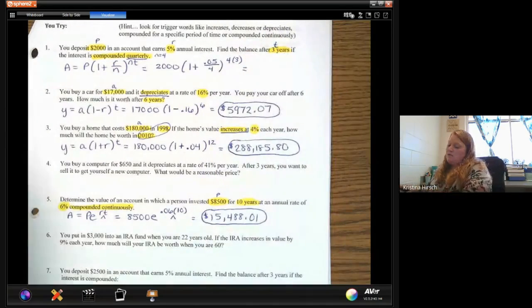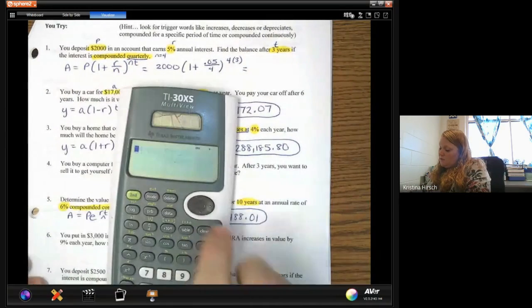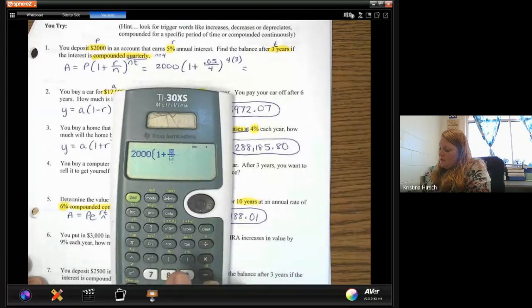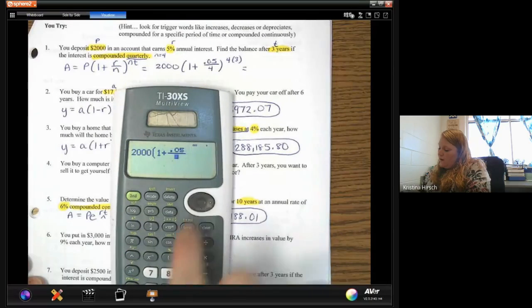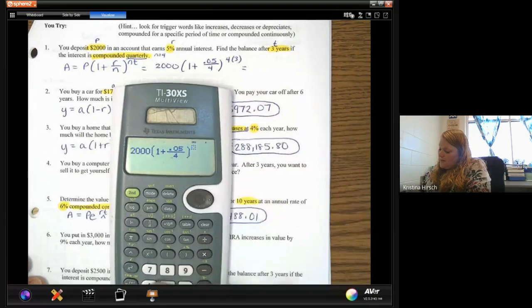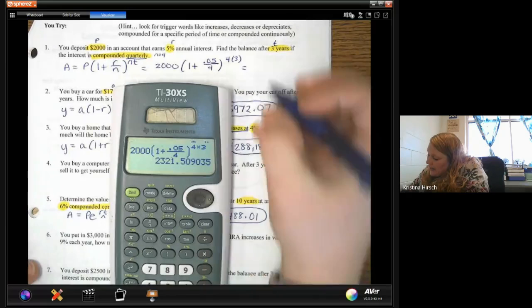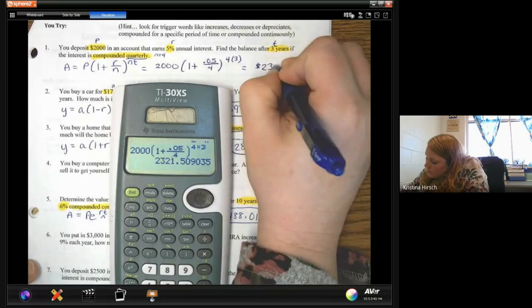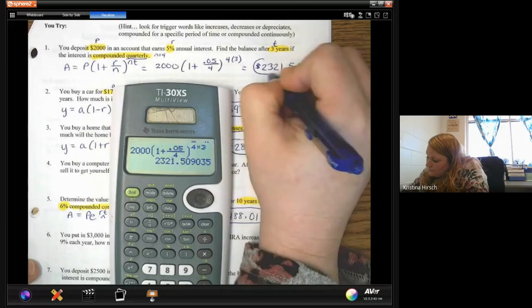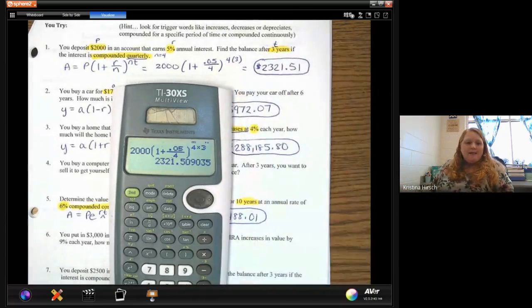So that's how we're substituting into the formula. So 2,000 times 1 plus 0.05 over 4, close your parenthesis, exponent, so raise it to the 4 times 3 power, and you get $2,321.51 if you round it. All right. And that's that.